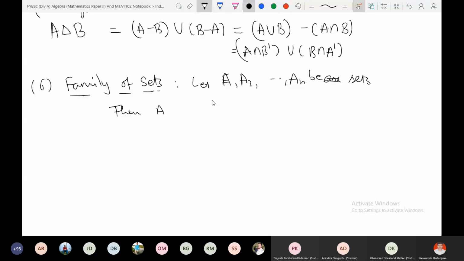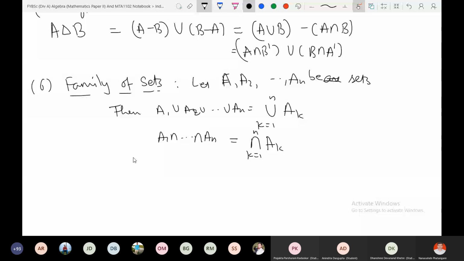Then A1 union A2 union ... union An we write as the union of Ak, k running from 1 to n. This is a shorter way to write the union of n sets. Similarly, A1 intersection ... intersection An, the intersection of these n sets, is the intersection of Ak, k from 1 to n. So this is a shorter way.